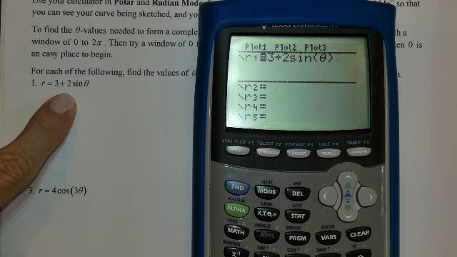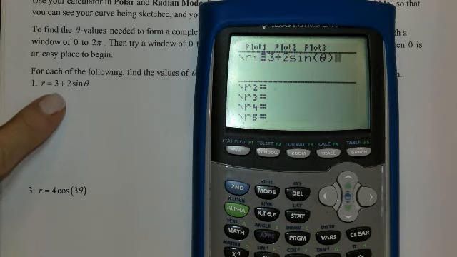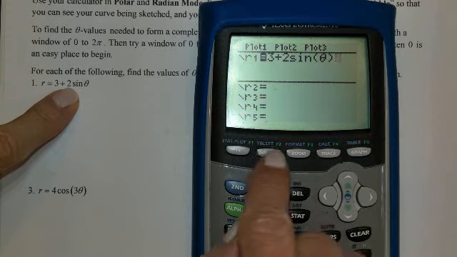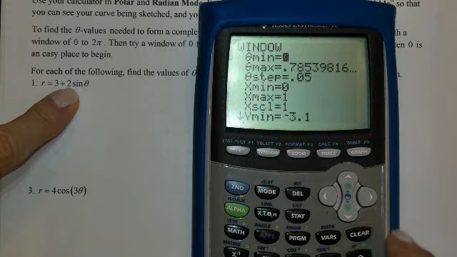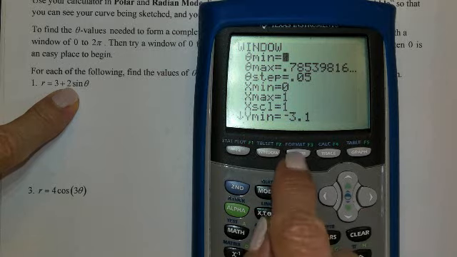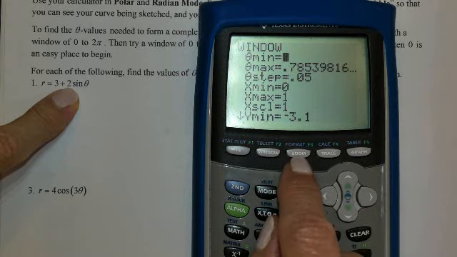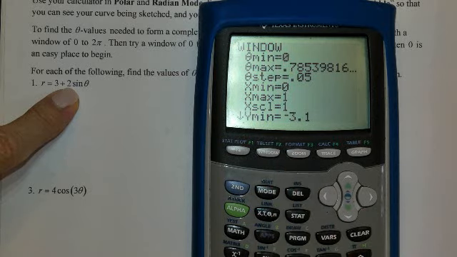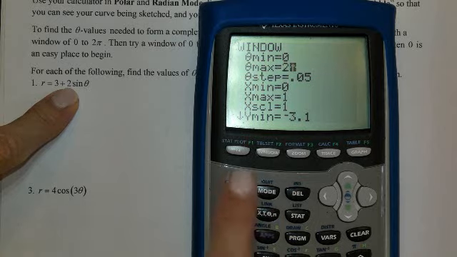Now, this is one of our known graphs, and I would like you to be able to recognize these. For our known graphs, we are either going to be going from 0 to 2 pi or 0 to pi. What I'd like to do is always start off by going 0 to 2 pi, and we'll see if that's enough.